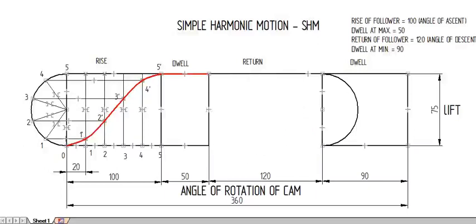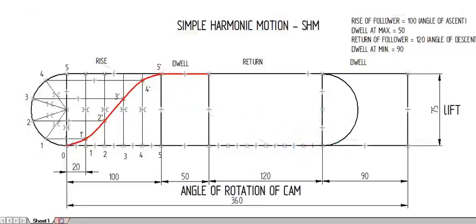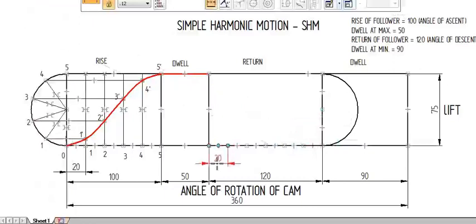Now wait. Okay, I am dividing into 6 sections. Each section will be 20. Okay, now I have divided into 6 sections. You can see the first section is 20.